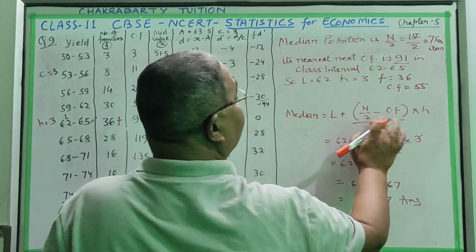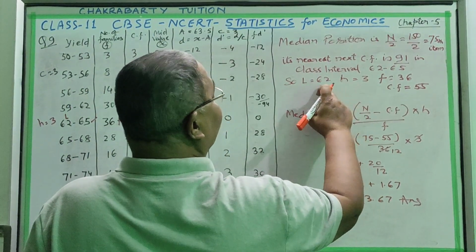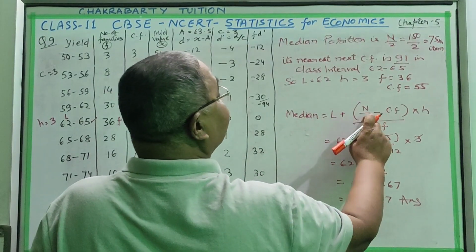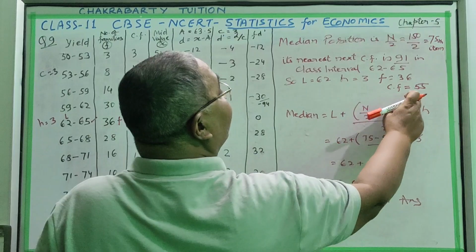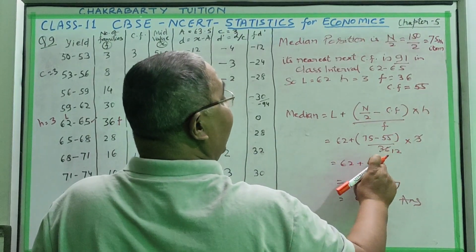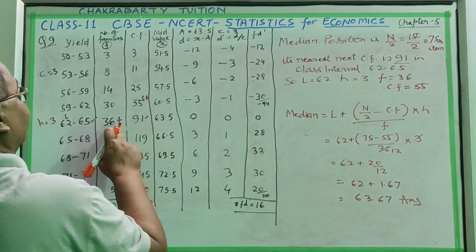Now this is the formula, you know, which we have given in the previous questions. So L equal to 65, then n upon 2, the 75 you have calculated, CF of the previous class 55, and then upon F, the frequency, which is 36.